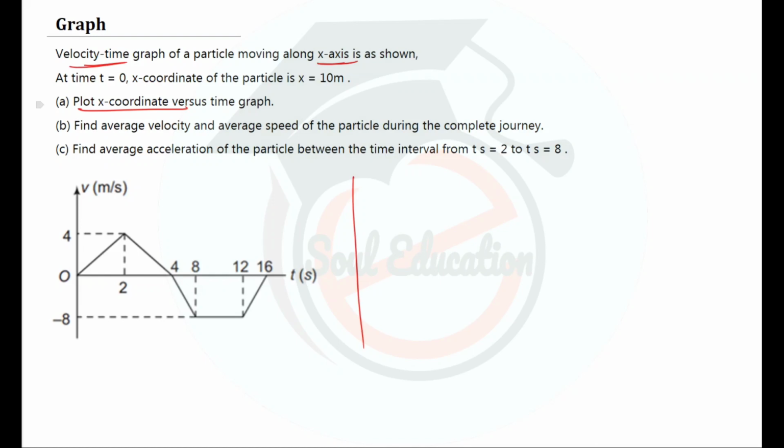For plotting, first, as we said, the x coordinate of the particle at time t equal to 0 is 10 meters.